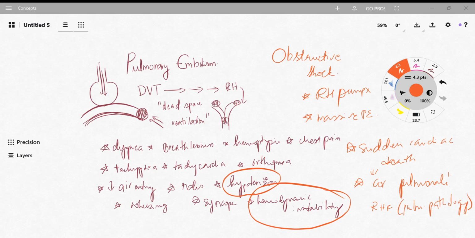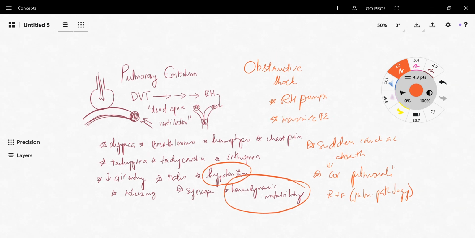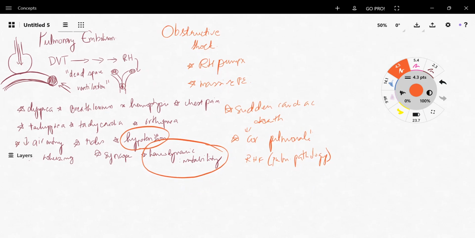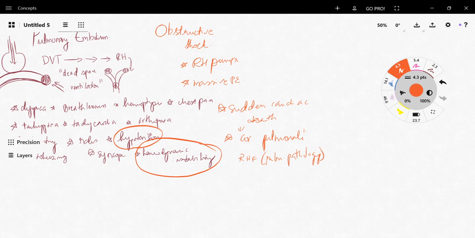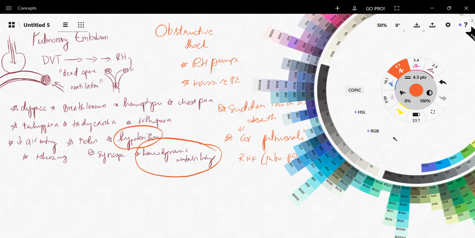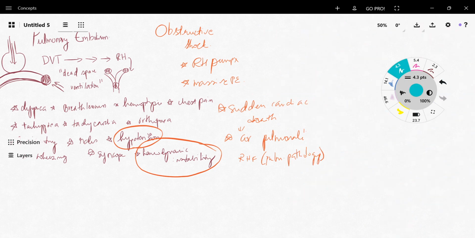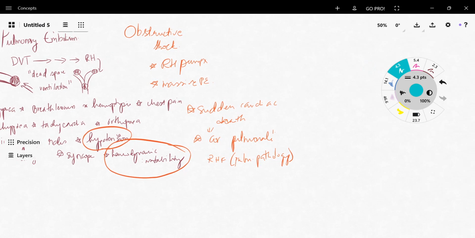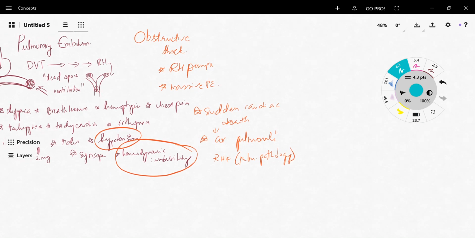Now, I'm going to quickly touch upon how you manage a pulmonary embolism. There are some specific things that you have to remember from the boards' perspective, but let's first talk about how you manage a patient really quickly when they come to the emergency with suspected pulmonary embolism, right?